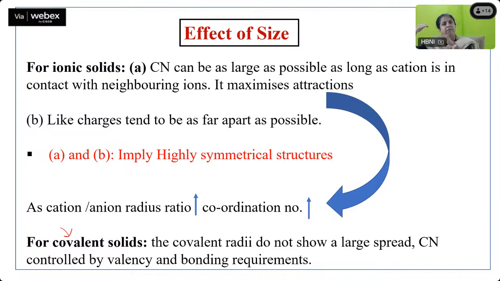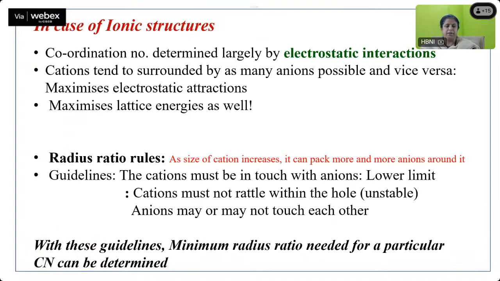The fact that after a particular number, this will tend to increase the repulsion, will try to keep it in check. So they will be separated out in space in the most symmetrical manner that is possible. And how many ions we can accommodate? Of course, it depends upon the size. That is why size is an important criterion.